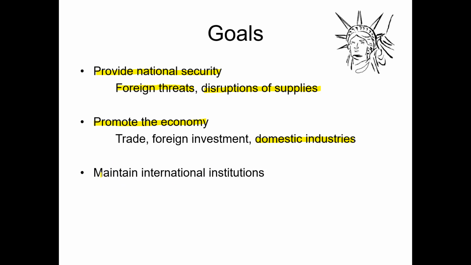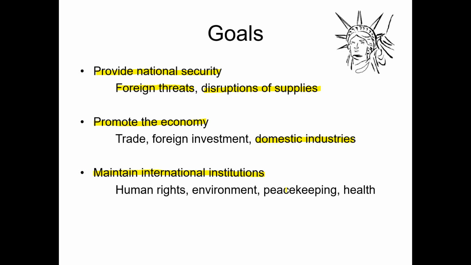Another thing that foreign policy is tasked to do is maintain the international institutions that have been established over the years, particularly since the end of World War II, when we set the foundation for our modern era of international relations. We set up various international organizations such as the United Nations, which we'll look at in a little bit, and the World Trade Organization.